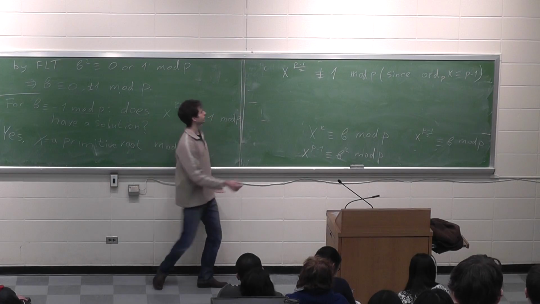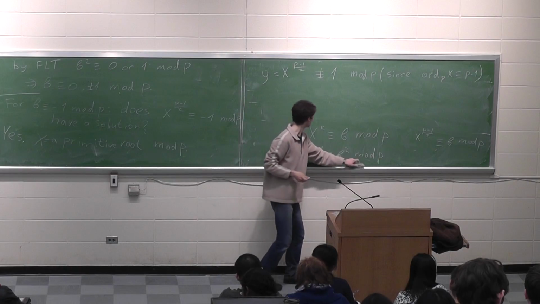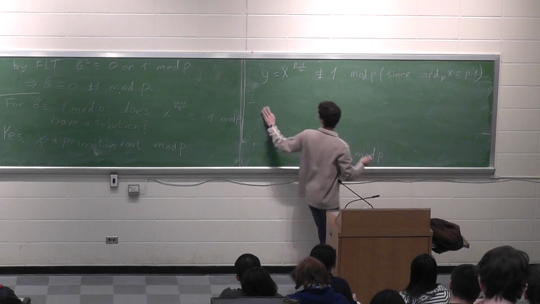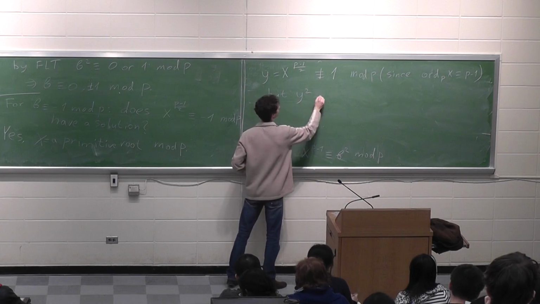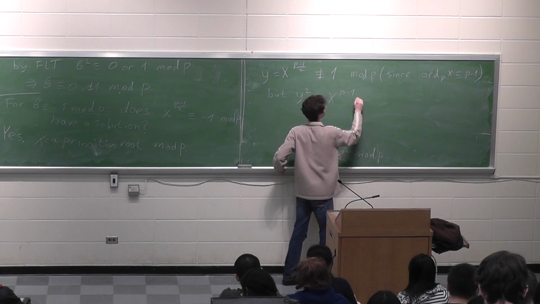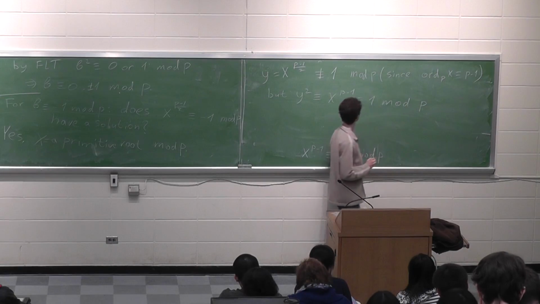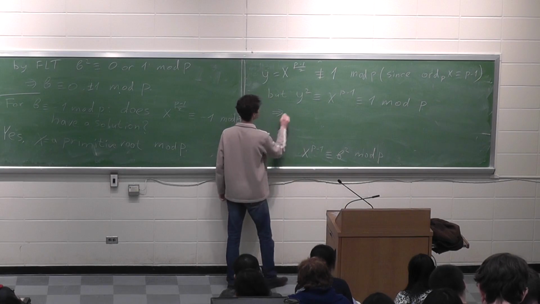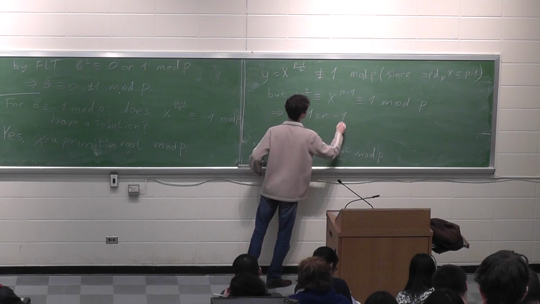On the other hand, this number y, x to the power (p minus 1) divided by 2, what could it be? Well, y squared is x to the power p minus 1, which is 1 modulo p. So y is either 1 or minus 1.